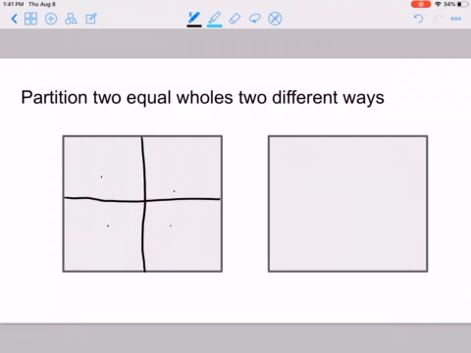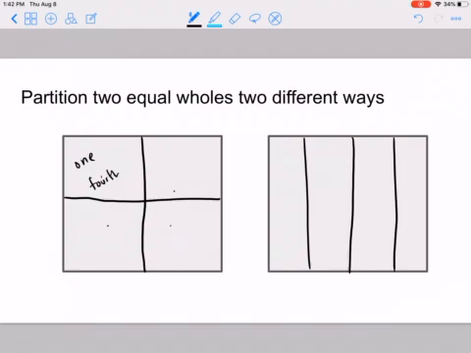And then for this whole over here, I'm going to partition into fourths, but I'm going to go like this. So in both cases, the size of each piece is 1/4.